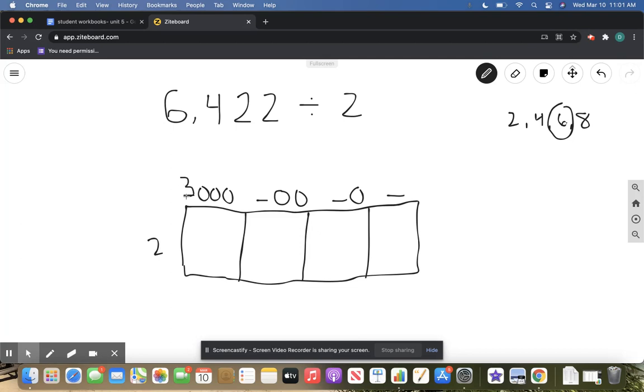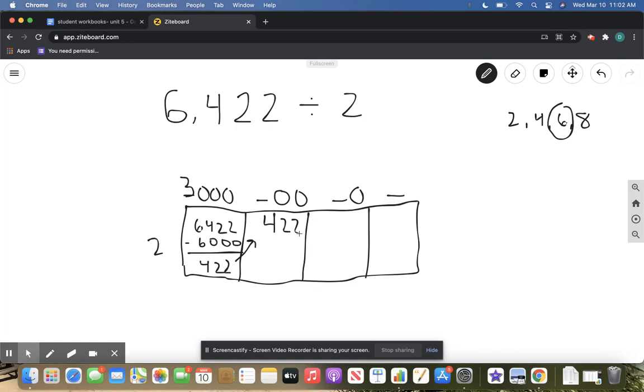So I'm going to do that. I'm going to do 6,422 minus 6,000. I couldn't do another group of 1,000 because if I did, I would be at 8,000, which is too much. That leaves me with a remaining amount to divide of 422, which then becomes the subject of my next box, 422.